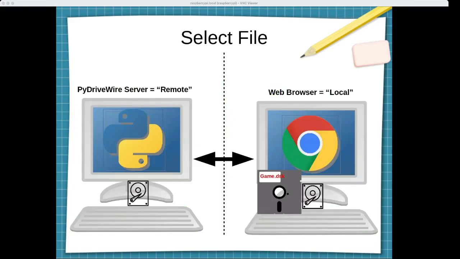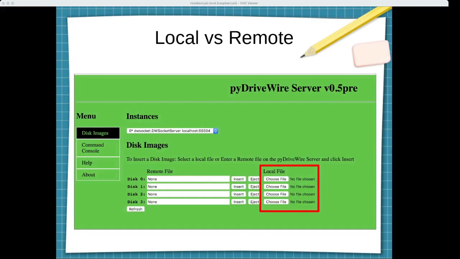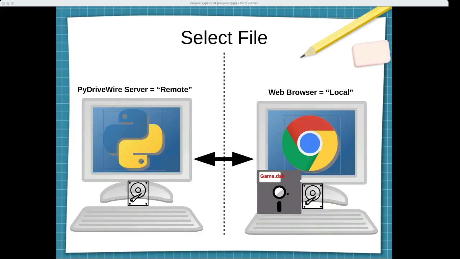Okay, so suppose that you went to this local file side and you chose game.disk. When you hit the choose file button, the web browser side, remember I established that the server side and the web browser side, they actually can't see each other's hard drives.